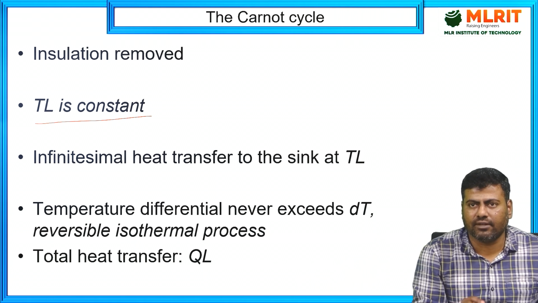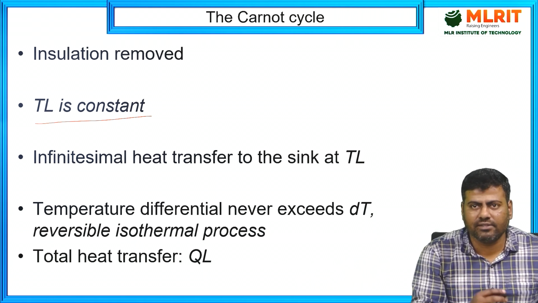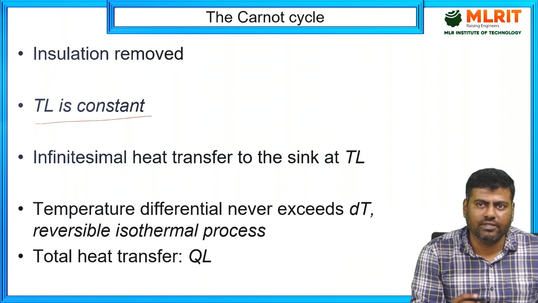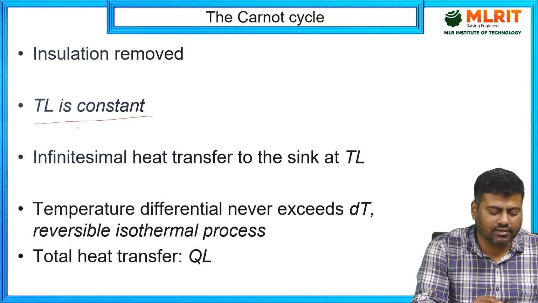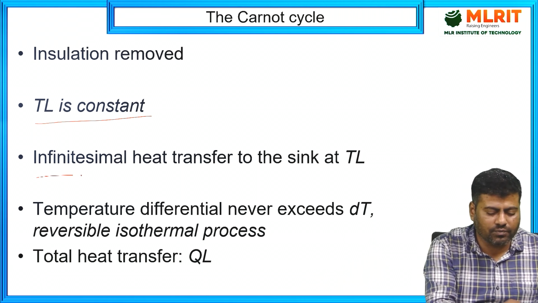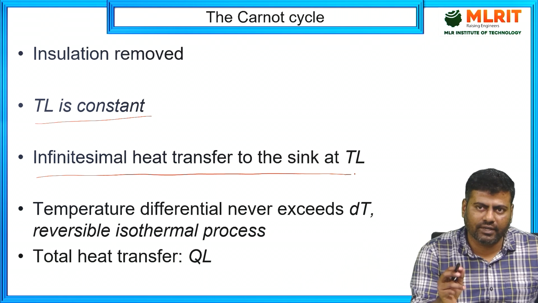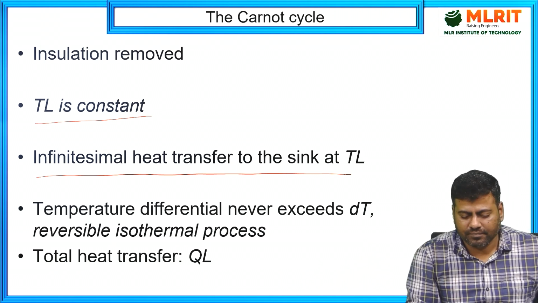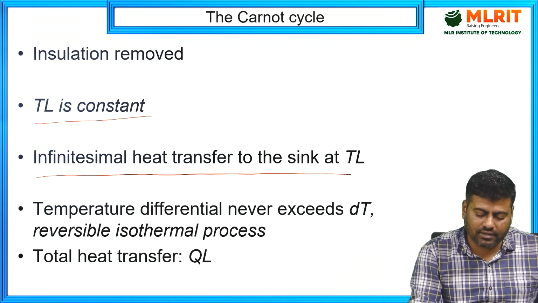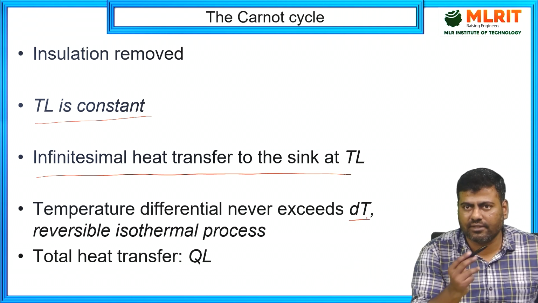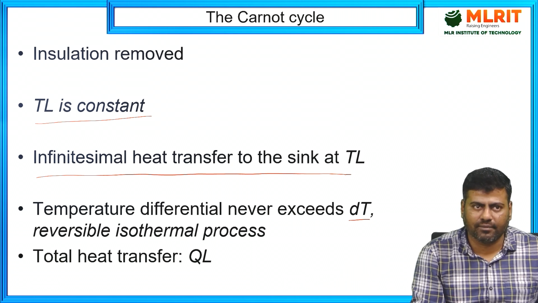Obviously, with respect to the second law of thermodynamics, we are surrounded by this medium, so some amount of energy has to be transferred to the medium. But in which way can we minimize it under ideal conditions? I maintain TL constant, with infinitely small heat transfer to the sink at TL. The temperature difference never exceeds that delta T, as we assumed for the heat supply from the source.